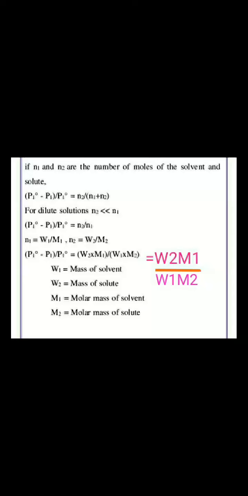Now substituting the values of number of moles of solvent and solute, that is N1 is equal to W1 divided by M1 and N2 is equal to W2 divided by M2, the relative lowering of vapor pressure, that is P1 naught minus P1 divided by P1 naught, is equal to W2 into M1 divided by W1 into M2.